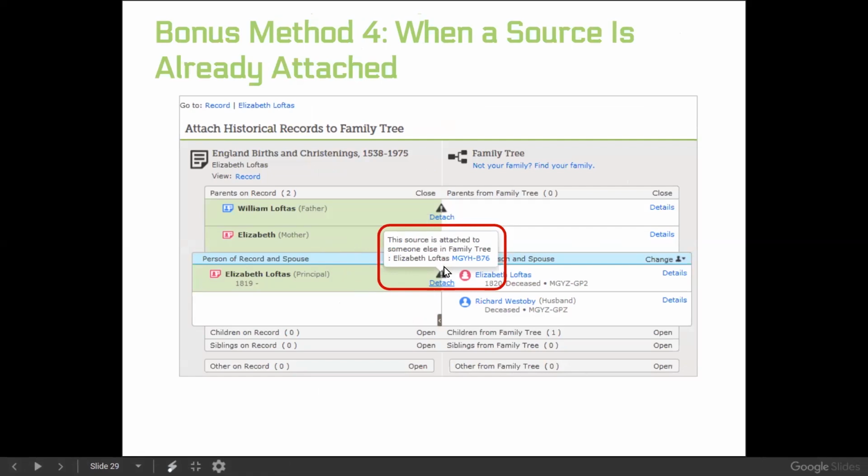You notice that it's already attached to somebody ending in B76, and I was trying to attach it to someone ending in GP2. So probably the B76 and the GP2 are duplicates. At least they are worth checking out.